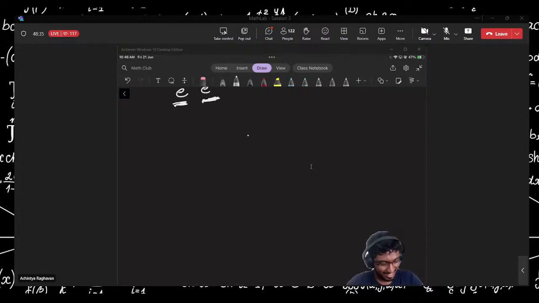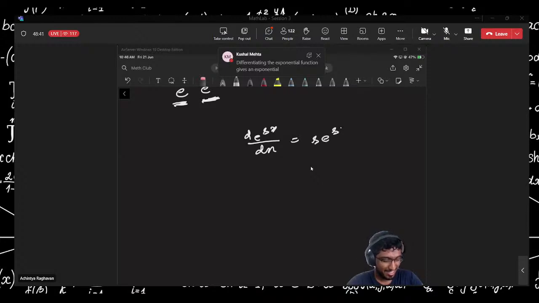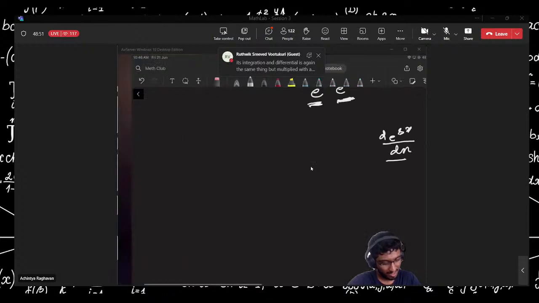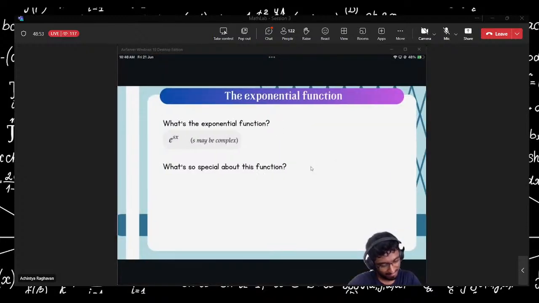If you differentiate e power sx with respect to x, you just get s e power sx. It's just scaled, and this is a very interesting property. This is why it comes up everywhere. This particular thing has a name.